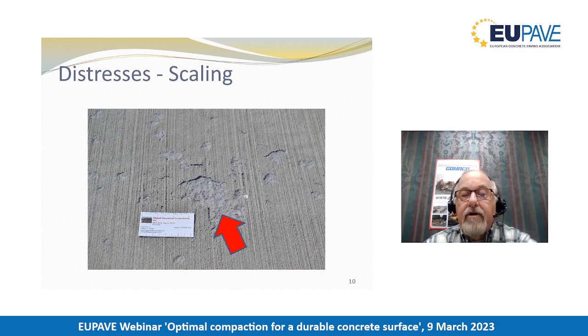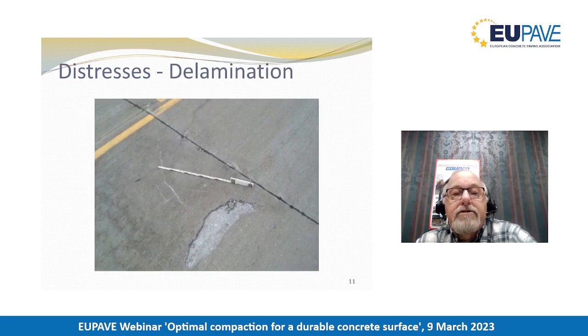Could we have done anything differently in vibration? Absolutely. This is another type of distress that is somewhat related to vibration energy. Delamination occurs when the upper concrete surface is, generally speaking, at a high water-cement ratio.